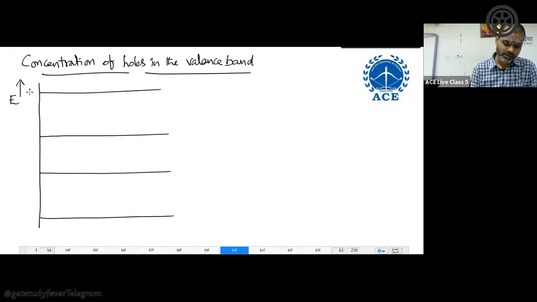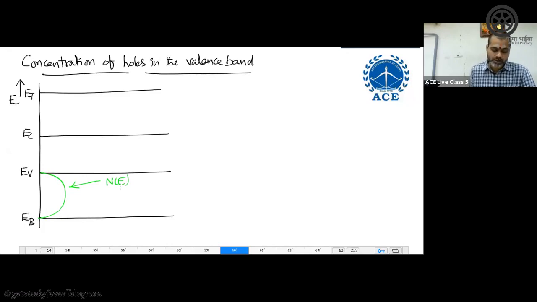So this is EC, this is EV. Anyhow, our interest is going to be in the valence band. Using first principles, allowed states we have represented. Then we need to represent the density of states. Like the parabolic approximation you can do, and this represents N of E.